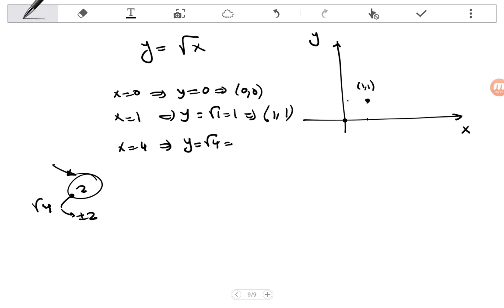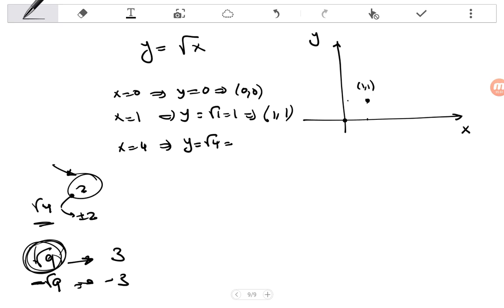When I say root 9, that gives me only one value, which is 3, the positive value only. If I need to express the negative value also, I will say negative root 9, which is minus 3. That is another value. If the square root had two values, plus or minus, I wouldn't use minus root 9 like this.